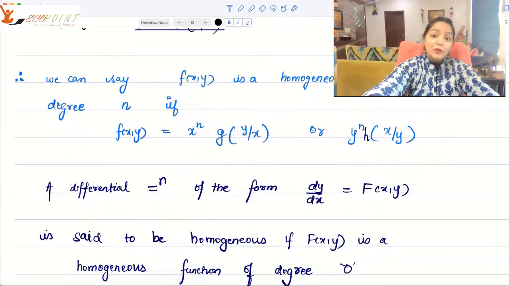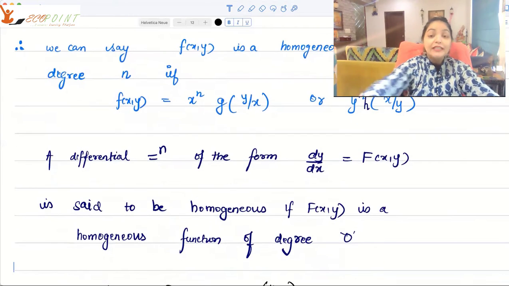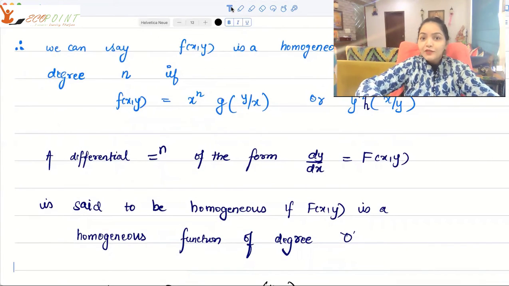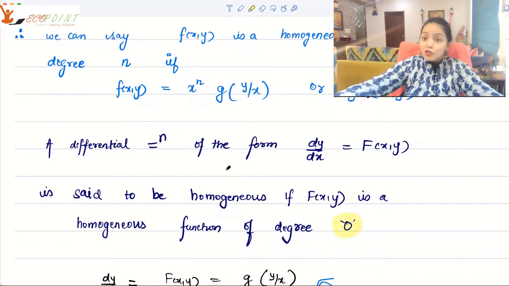It's said to be homogeneous in case this f(x,y) is a homogeneous function of degree 0, the kind of function that F3 was. So we say that a differential equation dy by dx equals to f(x,y) is homogeneous in case this f(x,y) that you see here is a homogeneous function of degree 0.